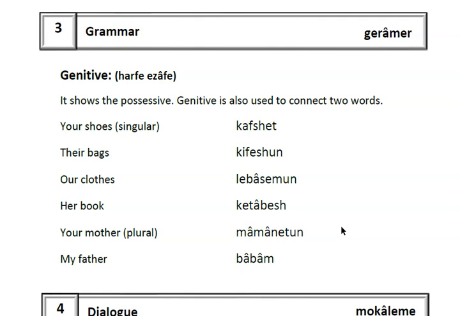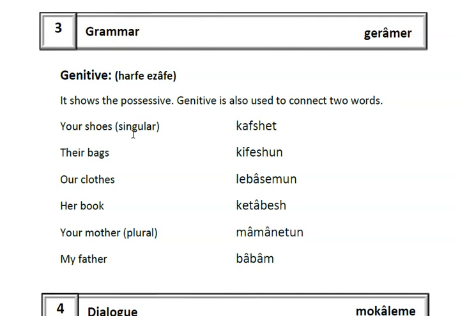Alright, the next part is the grammar part. گرامر. In this part we have the genitive حرف اضافه. We use the genitive to connect two words in Persian.